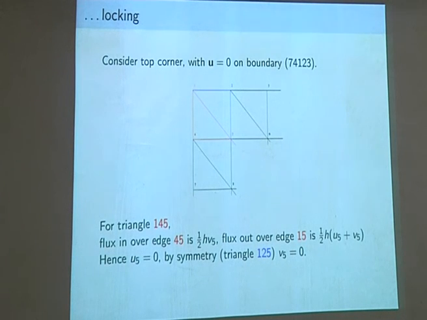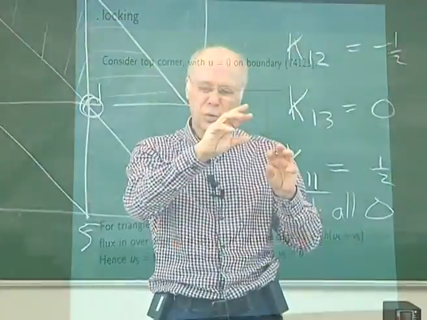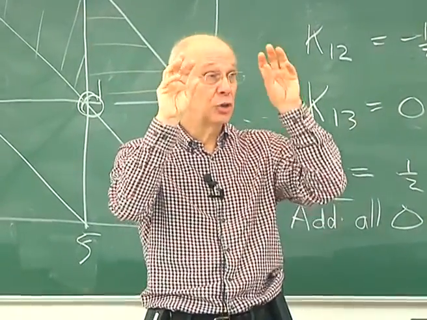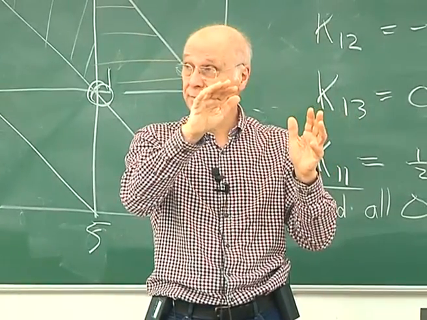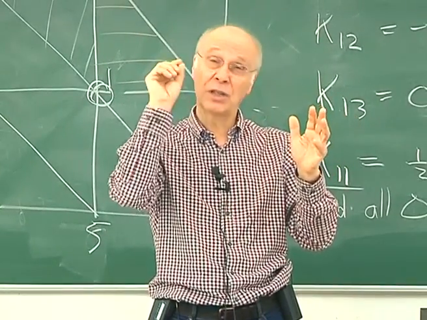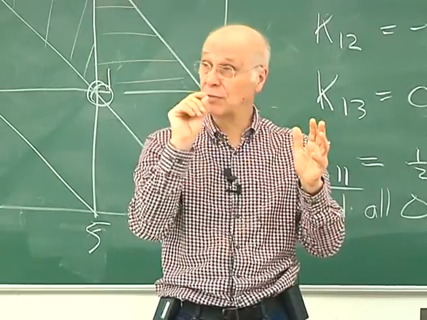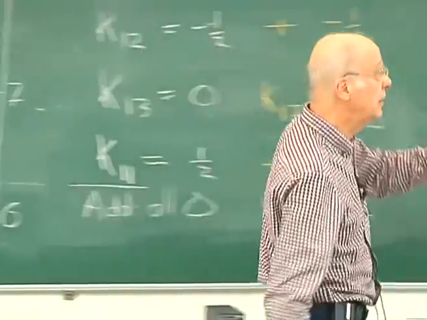So using this no net flow into a triangle, plus all components of velocity vanish at 2 points of the triangle because it's a no-slip boundary condition, I've deduced that both components of velocity vanish at this interior point.